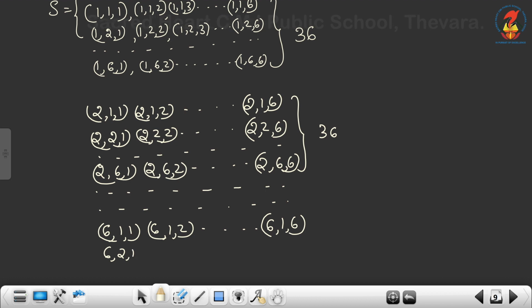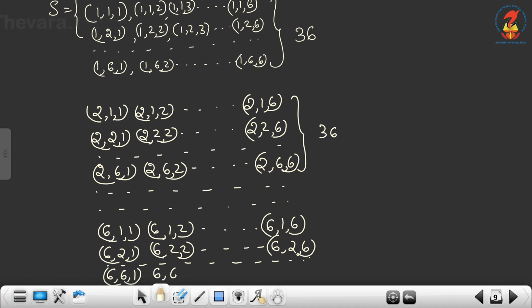Then 6, 2, 1; 6, 2, 2; 6, 2, 6. Then the last row, etc. 6, 6, 1; 6, 6, 2, etc. 6, 6, 6. Okay, so this is the pattern. So total 216 outcomes.